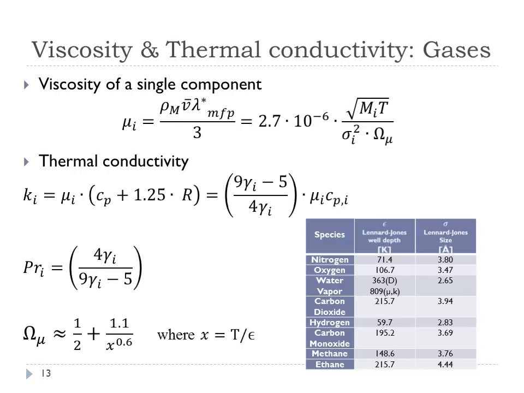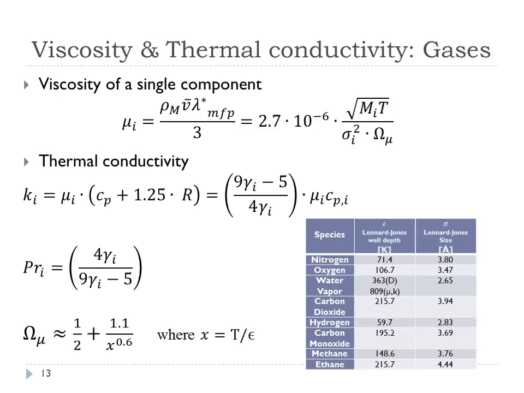And so on the slide before, we said that the Prandtl number looked like C sub P times mu divided by the thermal conductivity. So for gases, since there's a relationship between K, mu, and C sub P, what we find is that the Prandtl number of a gas is equal to 4 times gamma divided by the quantity 9 gamma minus 5.